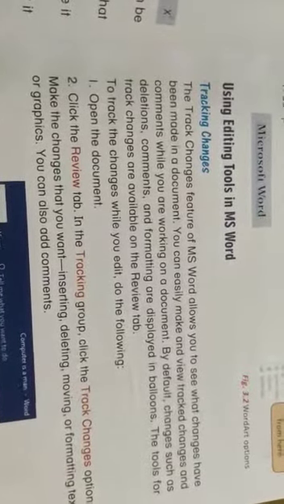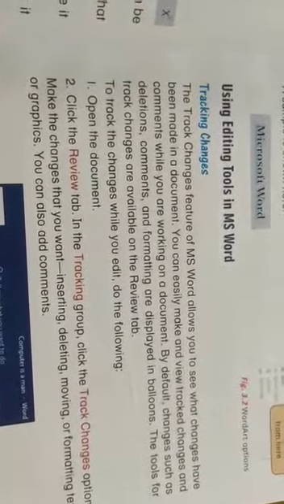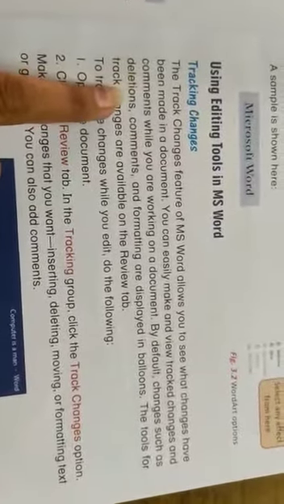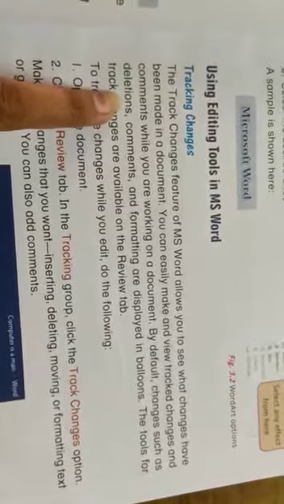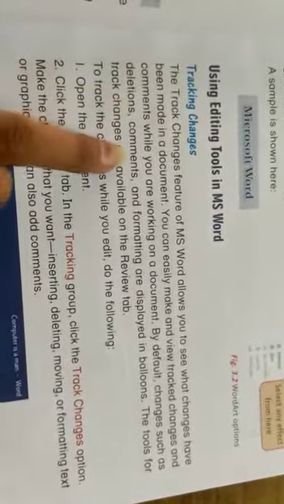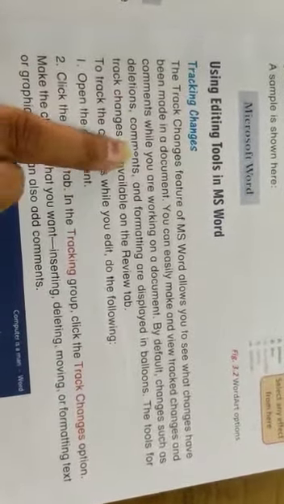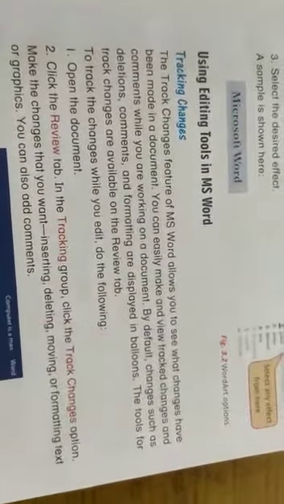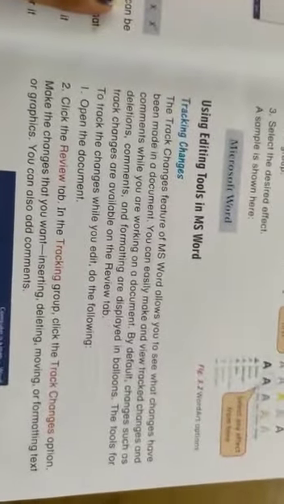By default, changes such as deletions, comments and formatting are displayed in balloons. If you have deleted any part, added any comments, or done any formatting, it will be displayed as a balloon. By default, this is already there in MS Word.